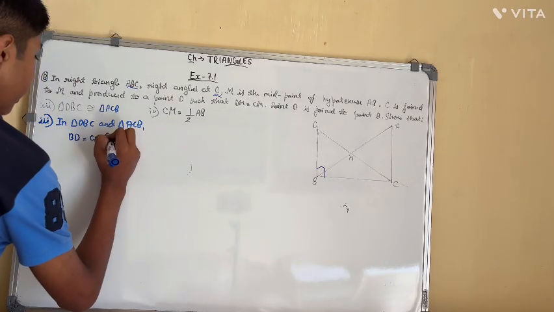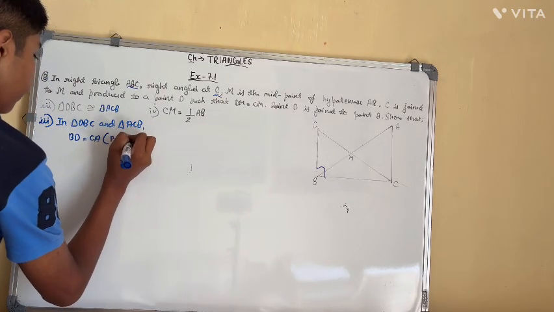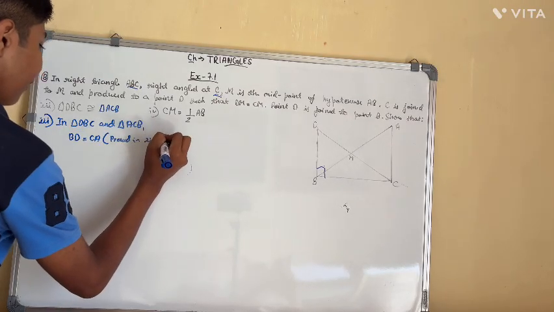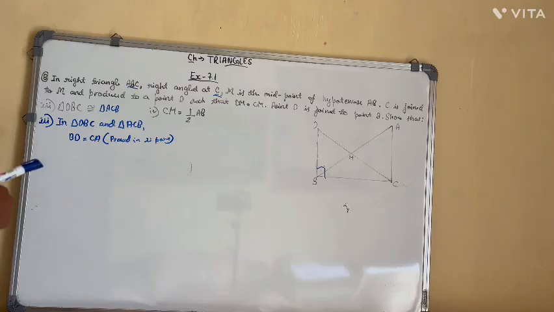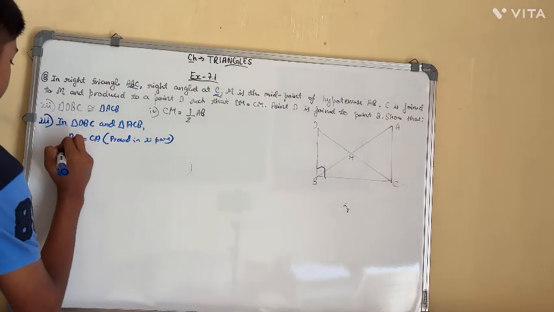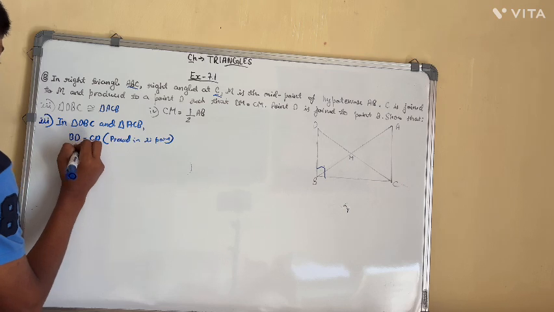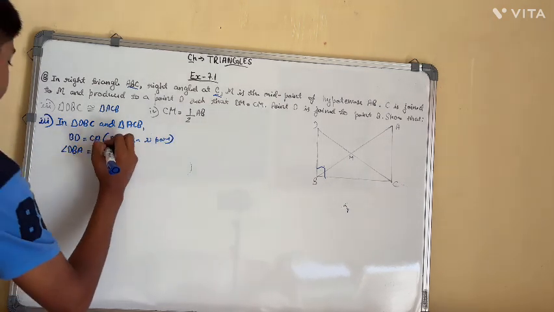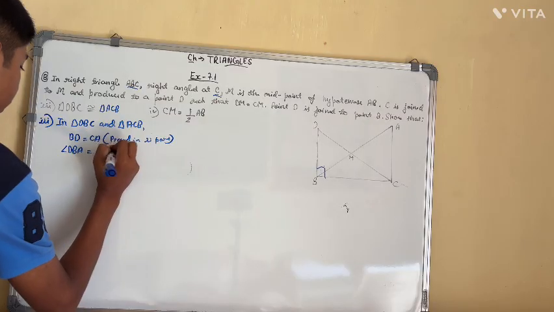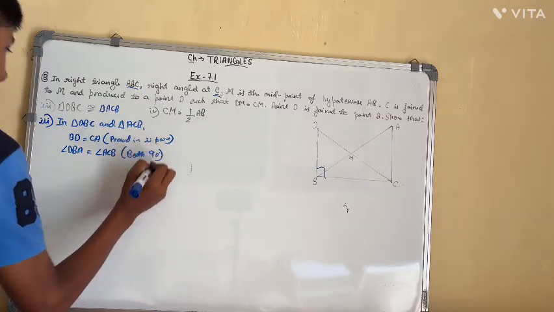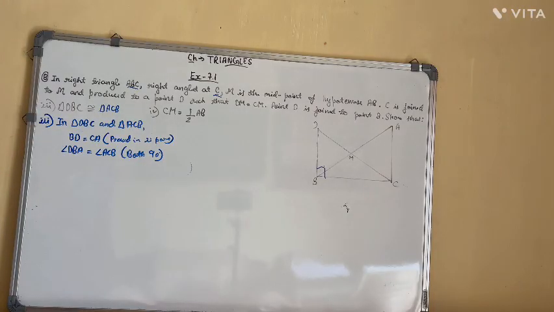Now, as we know, angle DBA is equal to angle ACB, both 90 degree. This also we have proved in the second part.